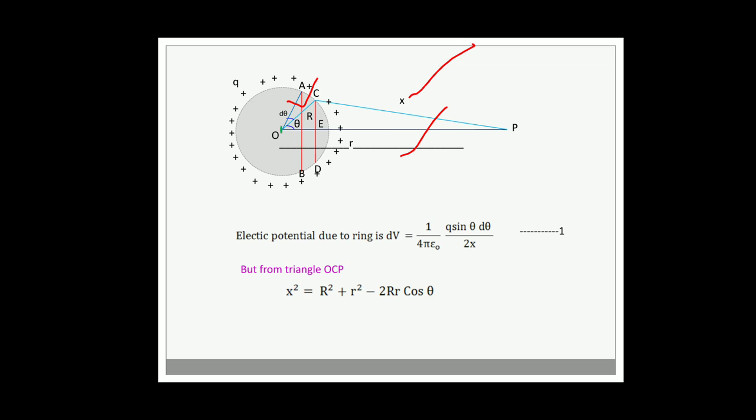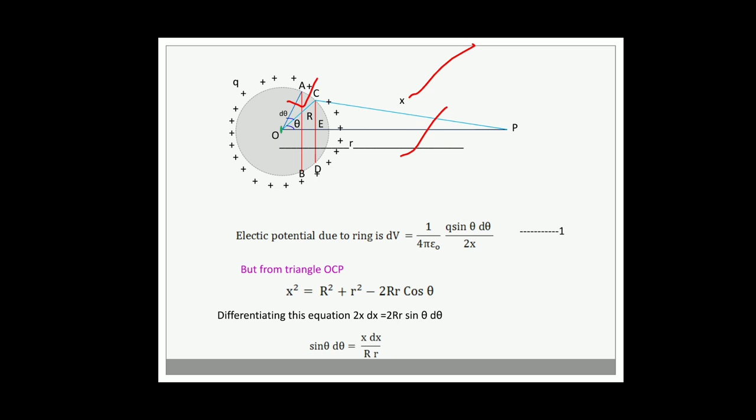When taking differentiation on both sides, x is a variable, so 2x dx is equal to; capital R is constant, small r is constant, so that remains constant, that is 0, and minus 2Rr into differentiation of cos theta is minus sin theta d theta, where minus minus cancel, so that 2x dx is equal to 2Rr sin theta d theta. From this, sin theta d theta is equal to x dx by R into r.